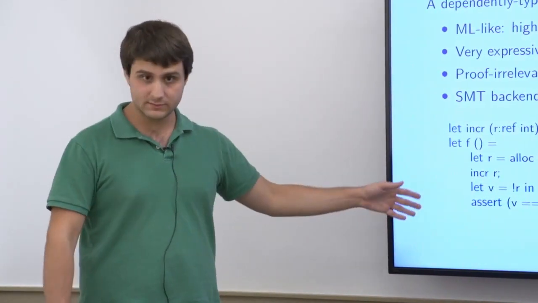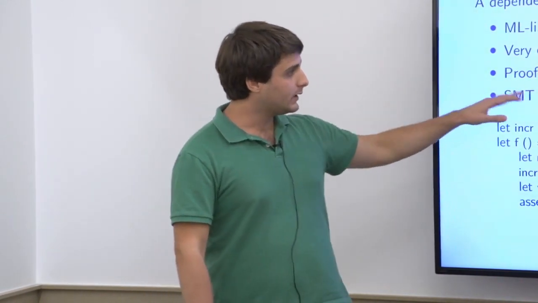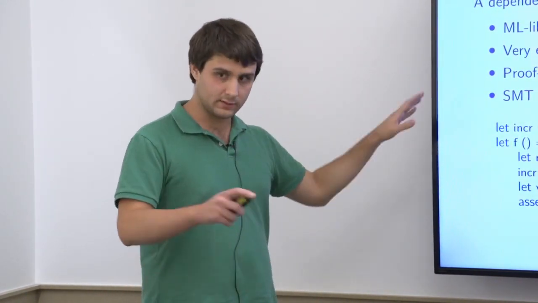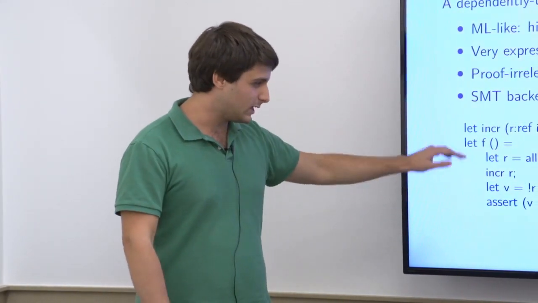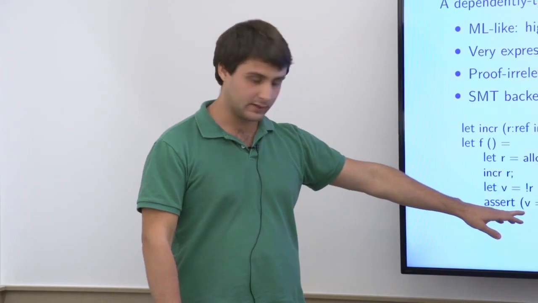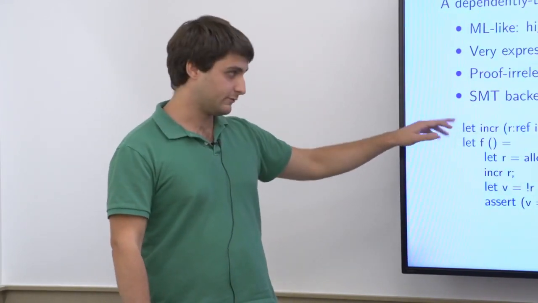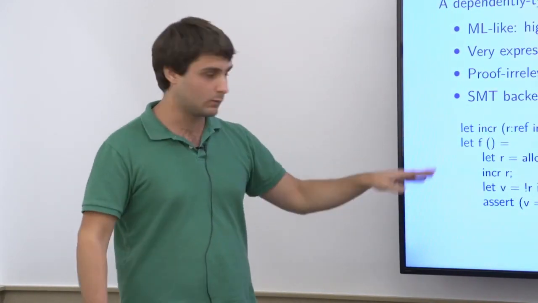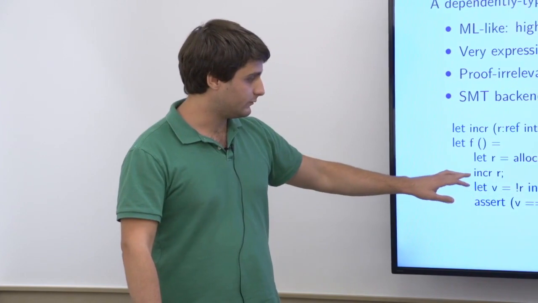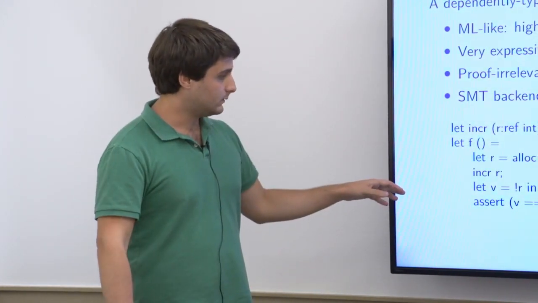And this program verifies, and this is only due to the WP calculus and the logical context that F-star handles and has at all points, because nothing in the types or anything visible here will tell you that v must be equal to 2. It comes from the spec of incr, which is inferred, and so it has basically a postcondition saying that it increments a thing by 1, and if you call incr, you get to assume it here and all that.